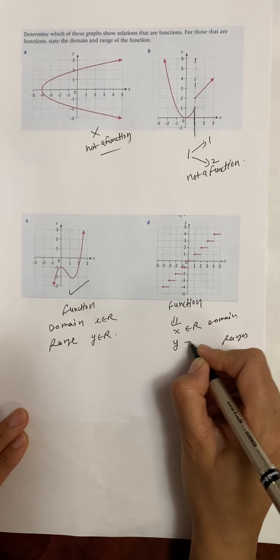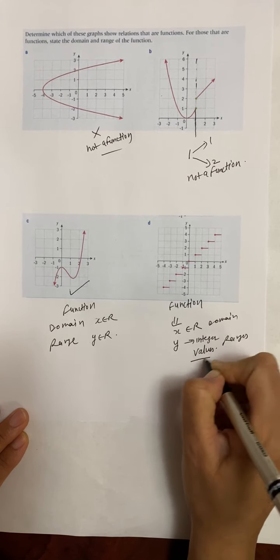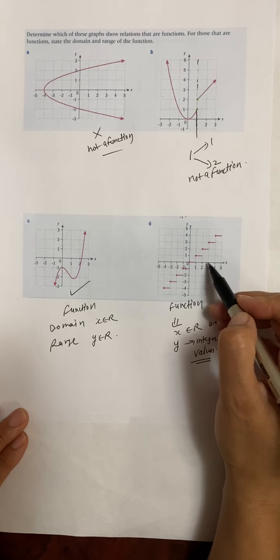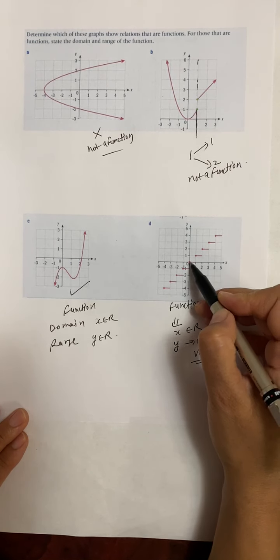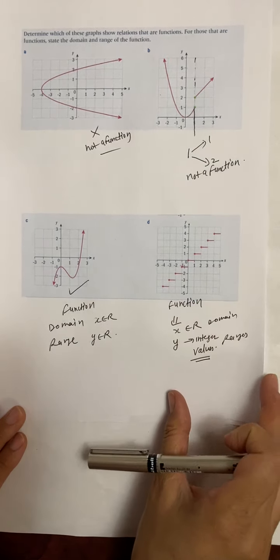So y is integer values. So the range is going to be like this: 4, 3, 2, 1, 0, -1, -2, -3, -4.